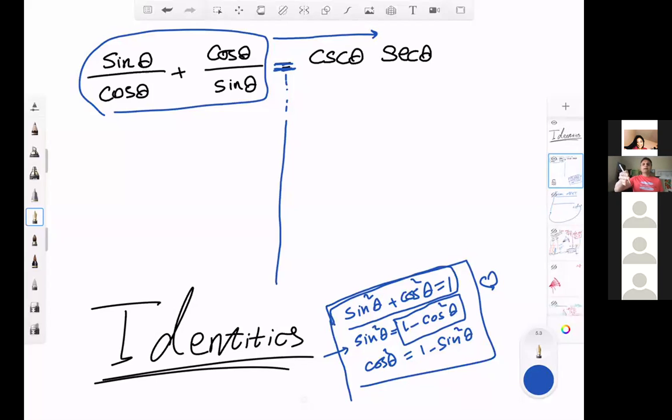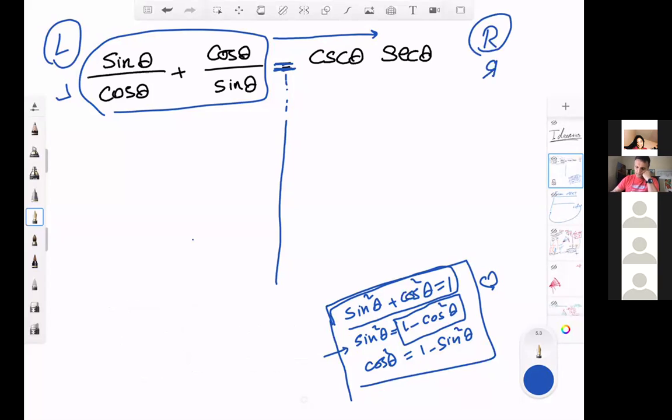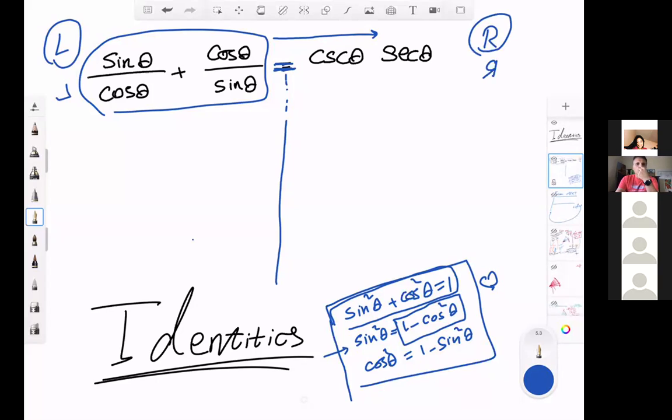The first thing for an identity, we need to decide whether we should start from the left and go to the right, or start from the right and go to the left. Which side should we start? Left.